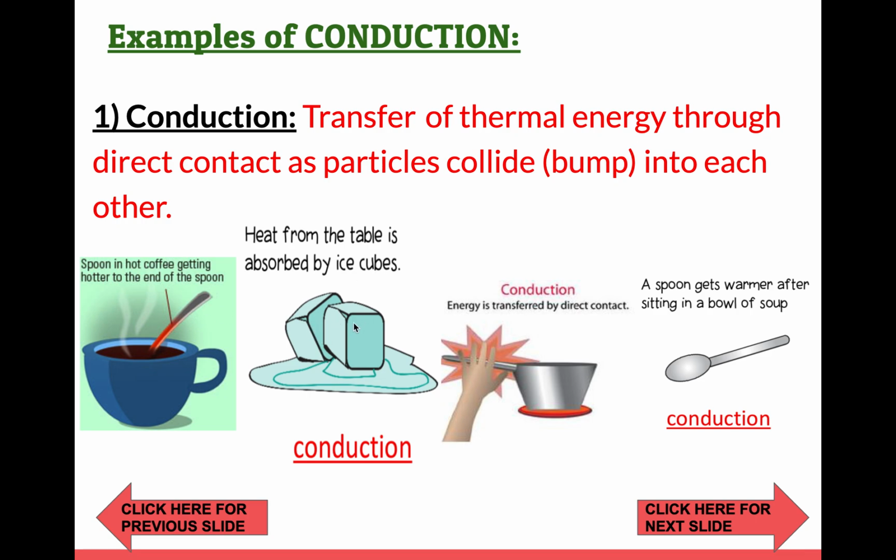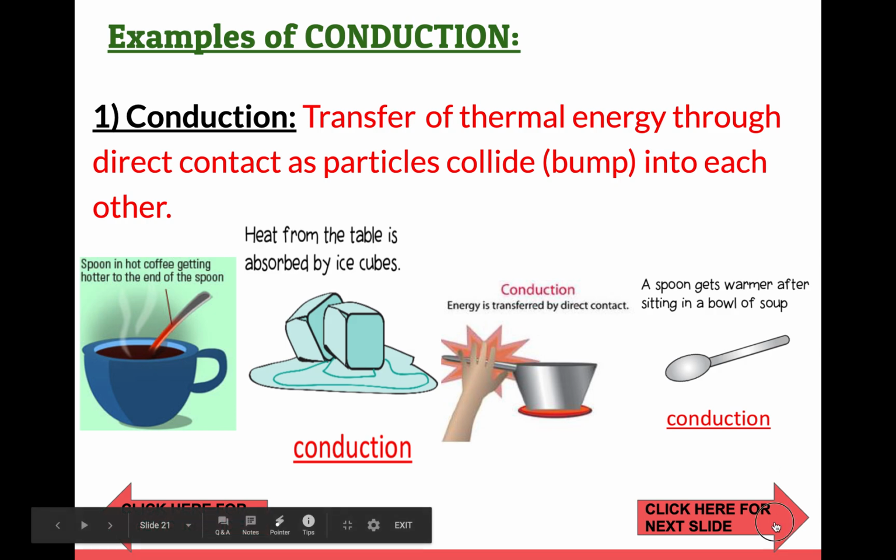For another example, if you put ice cubes on a table, the heat from the table is going to transfer to the ice cubes through conduction since there's direct contact. The ice cube is touching the table. Again, your hand touching a hot pot, and like the coffee example, when your spoon gets warmer after sitting in a bowl of soup, that's because the particles in the hot soup bumped into the particles in the colder spoon, and then it transferred thermal energy through conduction.